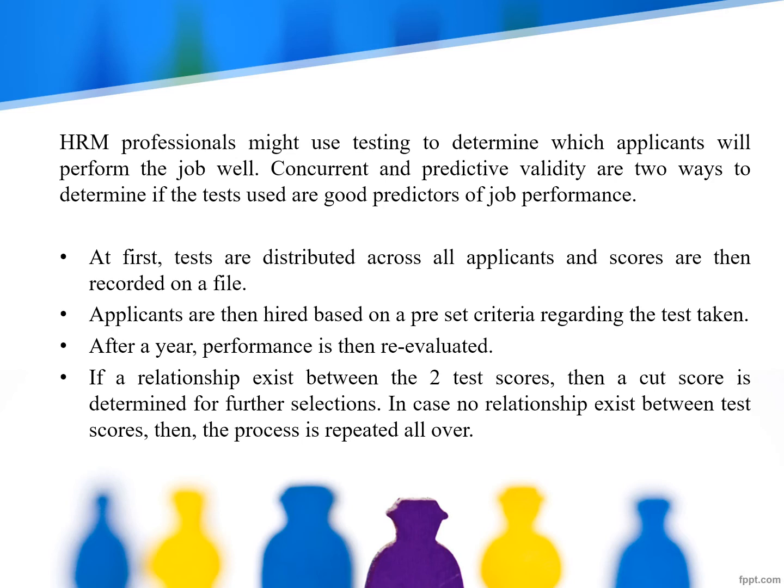If a relationship exists between the two, then a cut score is determined for further selection. And in case no relationship exists between test scores, then the process is repeated all over.